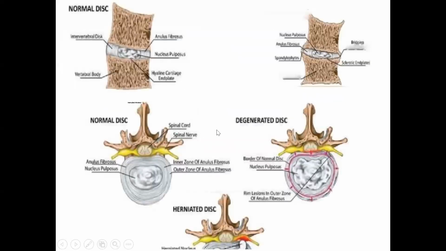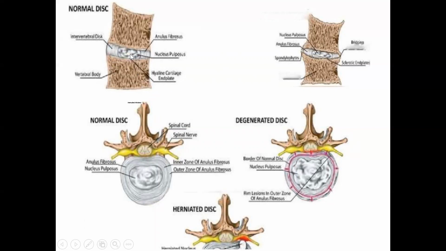Here you can see the structures of normal disc as well as degenerated disc. Here the normal disc includes the intervertebral disc. This is the vertebral body. This is hyaline cartilage and plates.